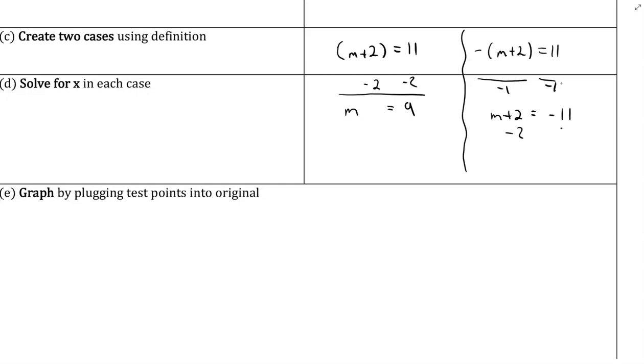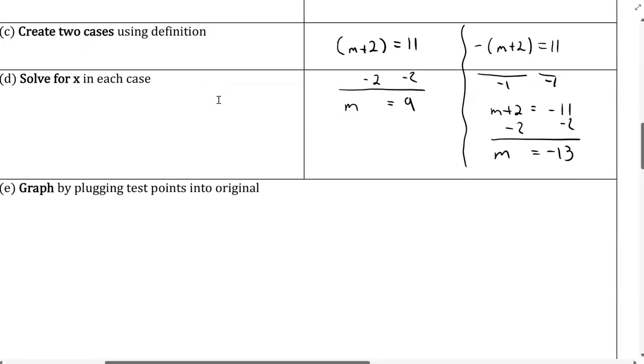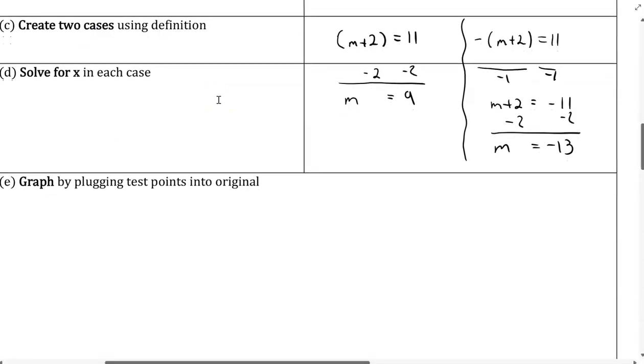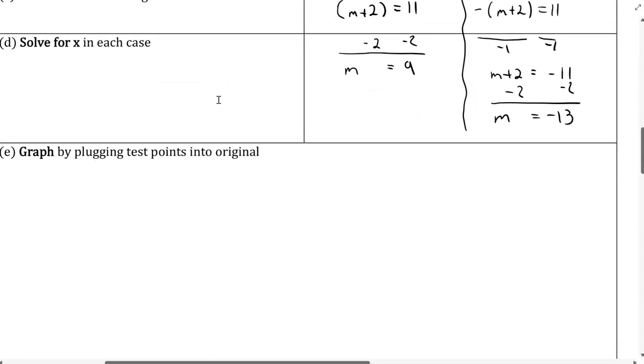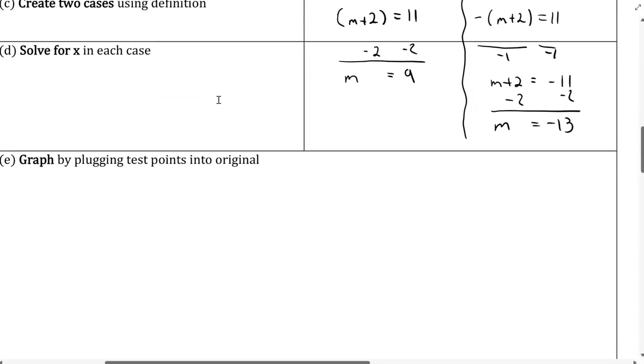And then we'll subtract 2 from both sides, which gives us m is equal to negative 13. So far, it's been just as if we've done an equation. So here's where things are going to be a bit new.